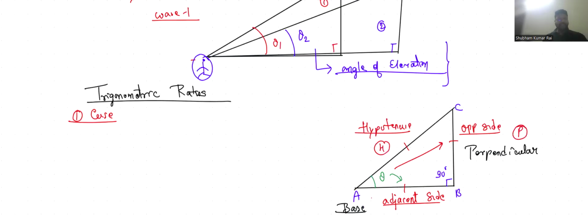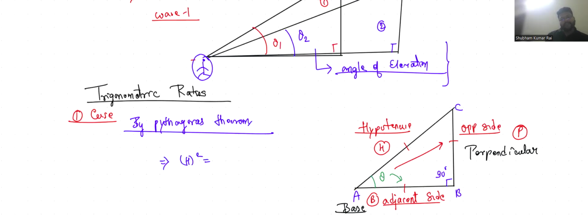Now, if we apply the Pythagoras theorem over here, let us see what changes we can have. By Pythagoras theorem, hypotenuse square is equal to perpendicular square plus base square.